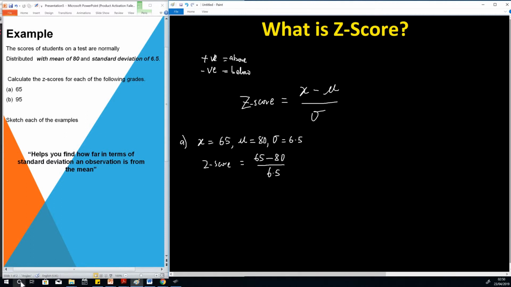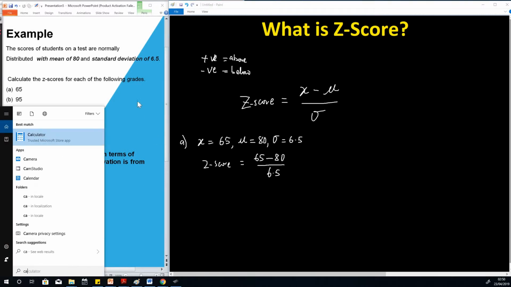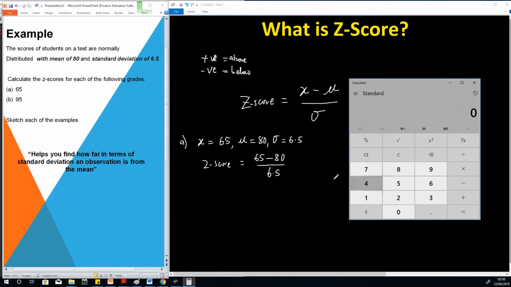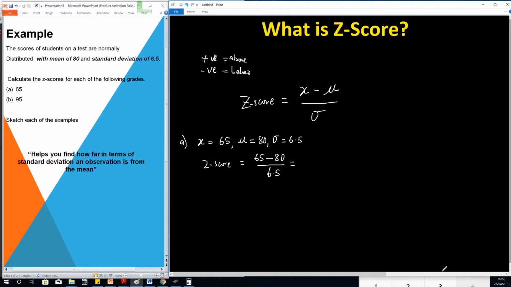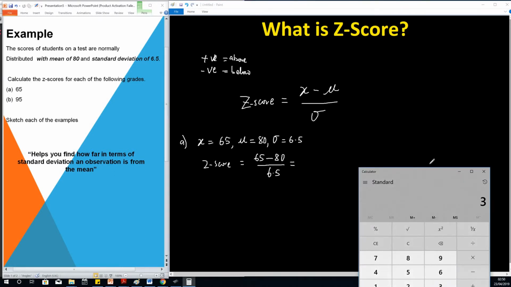If I use a calculator, we can say 65 minus 80, divided by 6.5. So that gives us a Z-score of, let me check in the history, a Z-score of minus 2.31 approximately.